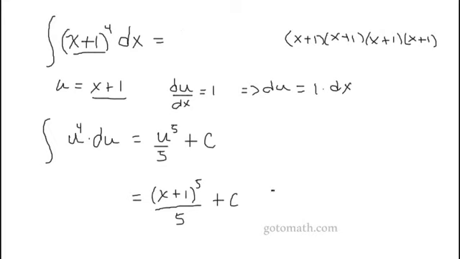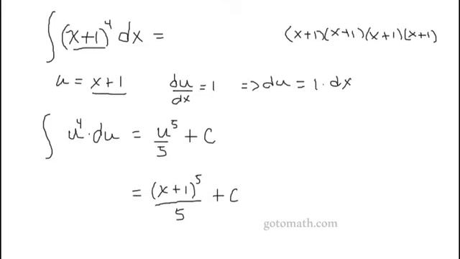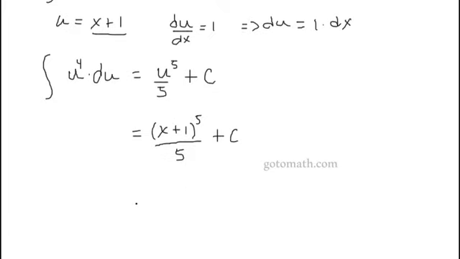Now you can always check your work by taking the derivative of this, so let's just do that. We end up with 5 times x plus 1, right? Ooh, that's a 4 there. Take the 5, bring it out front, subtract 1.